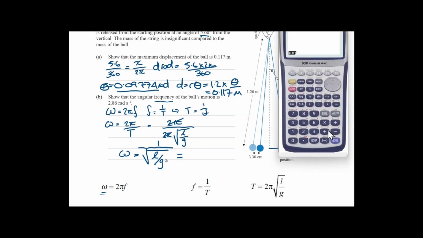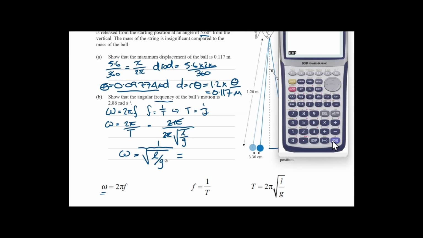So 1 divided by, and let's hit the square root button, square root, brackets, 1.2 divided by 9.81. Close brackets.